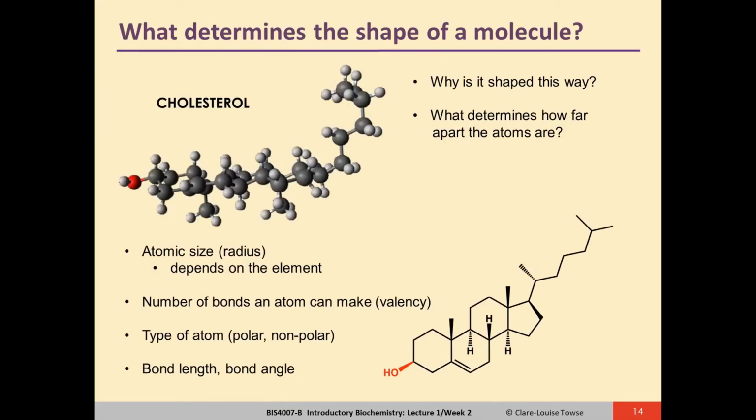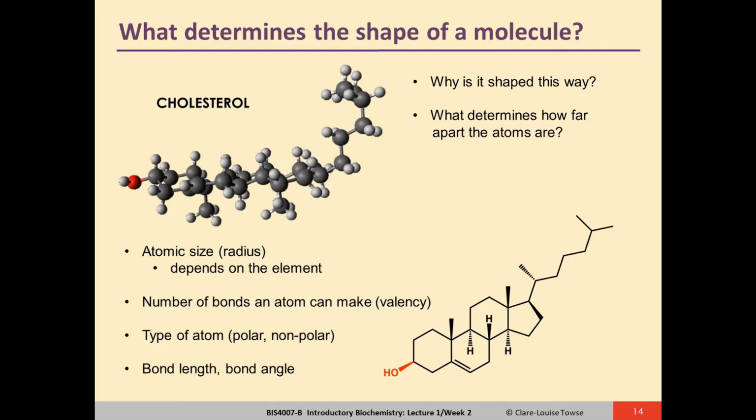So atomic structure. What determines the shape of a molecule? Why is it shaped this way? For example, you have a kink here, those kinks in cholesterol. You see it is going a bit straight and then it starts kinking. It's all about double bonds, and also if you have aromatic rings, or electron pairs that are valence, or space for more electrons to join.